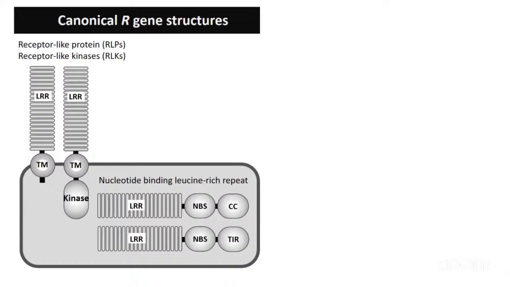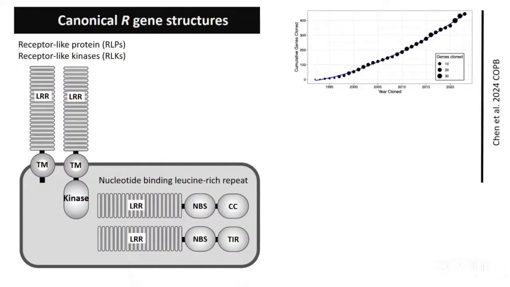And then you have a second type of receptor, which is an intracellular immune receptor, a so-called nucleotide binding site leucine-rich repeat domain. And if we look at the number of genes that have been cloned over the last 30 years since the first one was cloned, you can see this is a sort of slightly exponential growth.